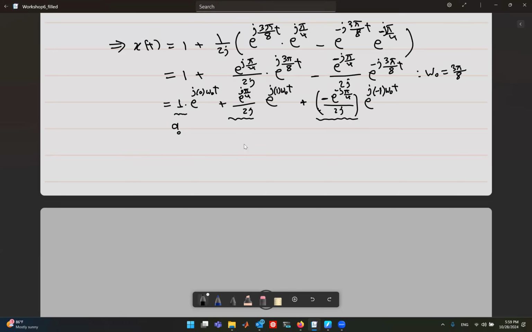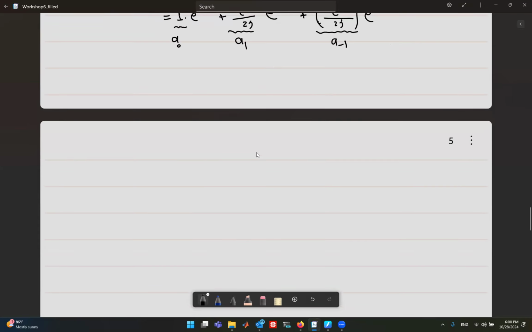For k equals 1, this is a1, and when k equals minus 1, this is a minus 1, right? Let me write them here.